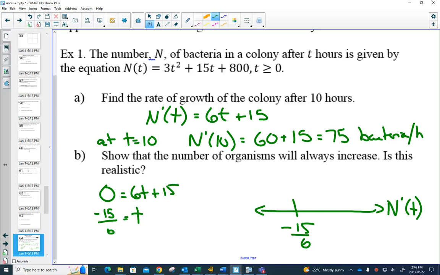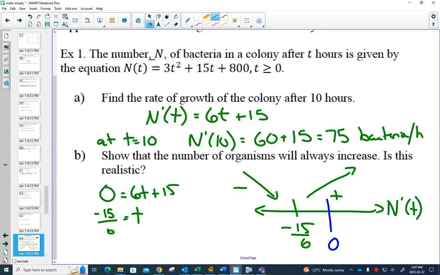If we plug in numbers into our derivative before negative 15 over 6, plugging something in would be negative. So this part is decreasing on the graph. And above negative 15 over 6, like if you plugged in 0, you would get positive. But the important thing to think about here is we really only have to consider from time 0.